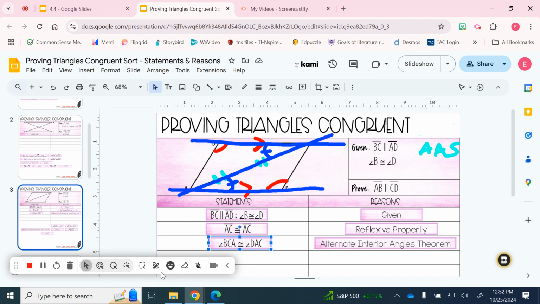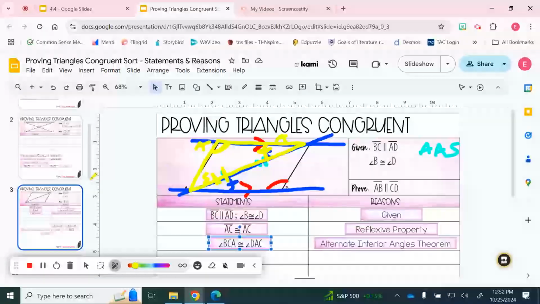Okay, so now I'm just going to get some lighter colors here. I'm just going to show you what I'm doing. All right, so I have this triangle that has this angle, and this side congruent. So there's my angle, here's my side, and then I have this triangle, again with this angle, and this side.